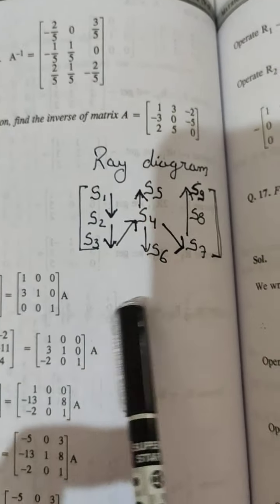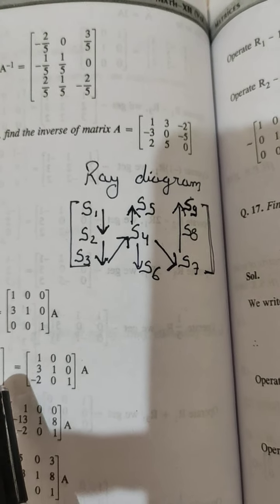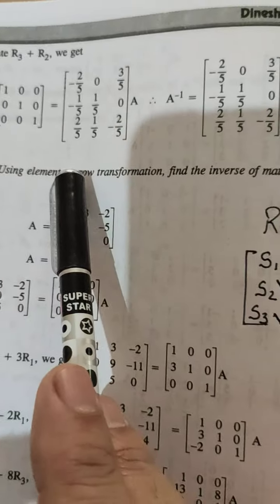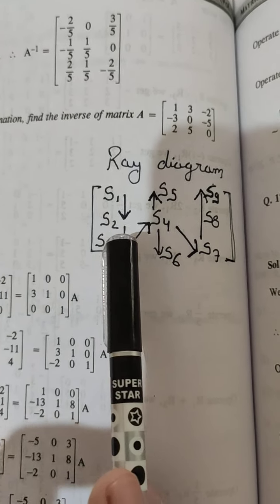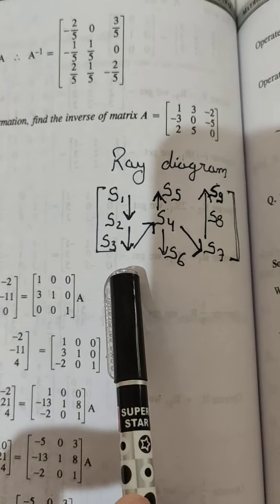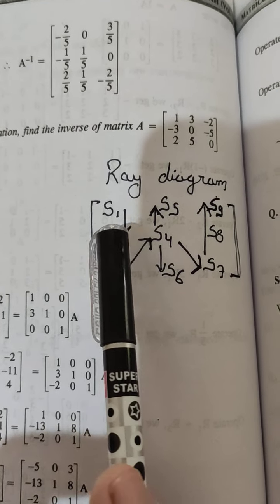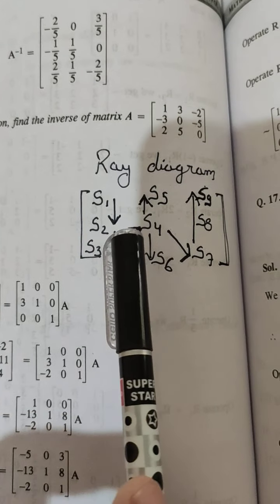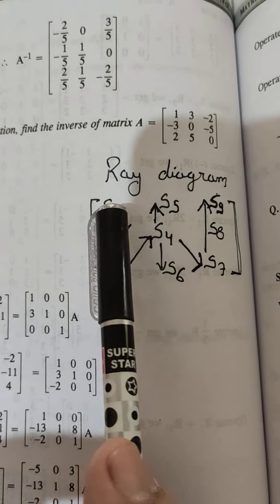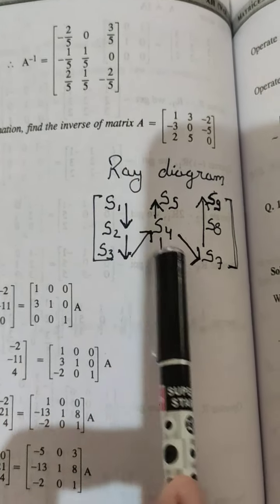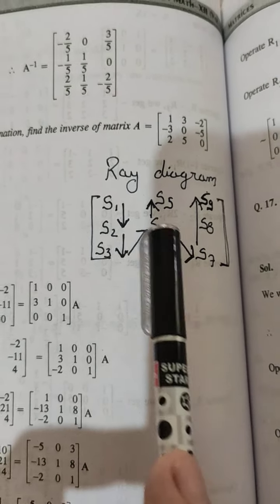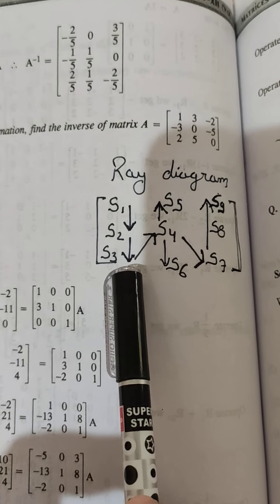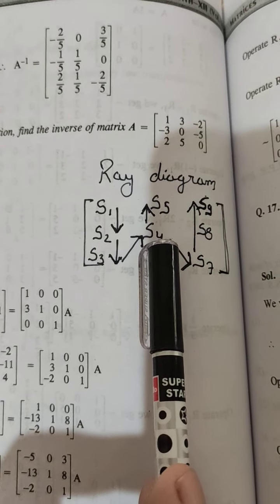If you observe this ray diagram, what is the purpose? We apply row operations only, but changes come in columns. First in a column we change the element we want to be 1, that is A11. In an identity matrix all diagonal elements are 1, so here we want A11 to be 1. With the help of it we change the other two elements into 0. Then we approach the second column.